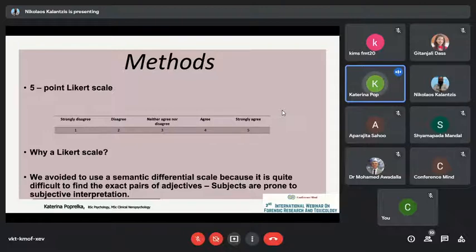For example, the questions are quite consistent and clear in a Likert scale, in contrast to a semantic differential scale, in which subjects are quite prone to subjective interpretation. Also, we avoided using a semantic differential scale because it is quite difficult to find the exact pair of adjectives. Next slide.